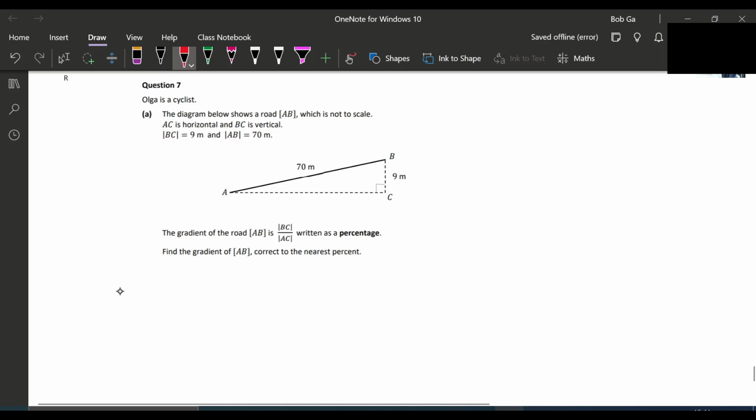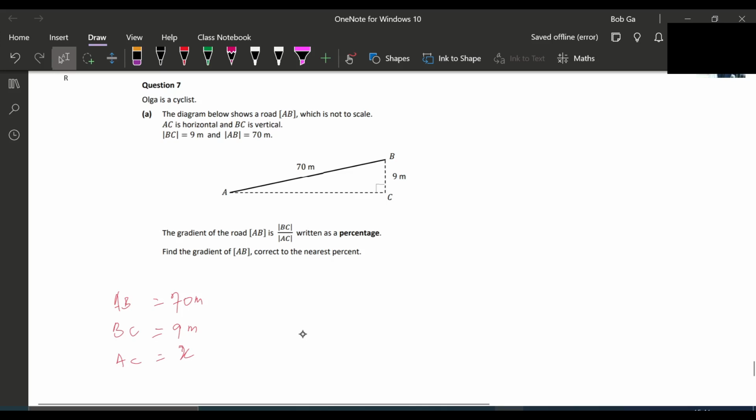We're given AB is equal to 70 meters, BC is equal to 9 meters, and AC we don't know.